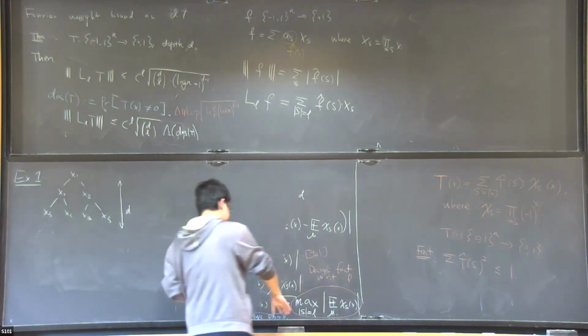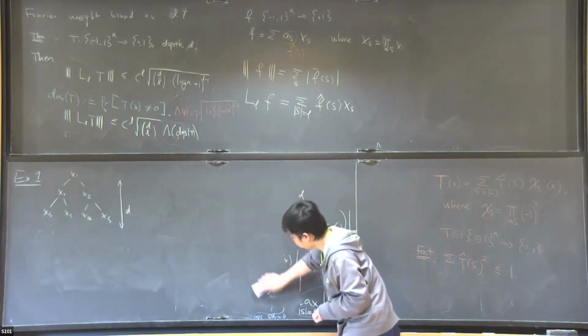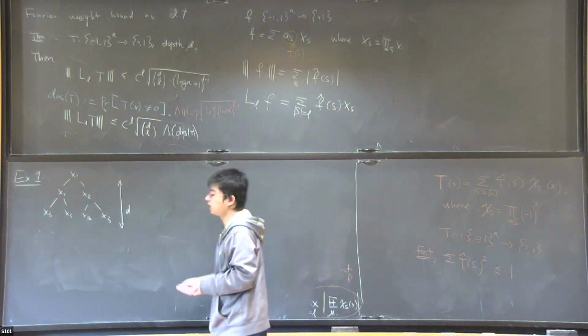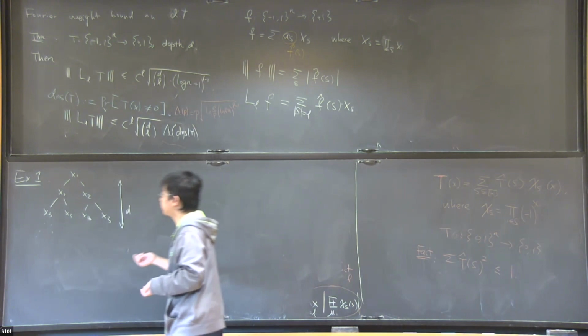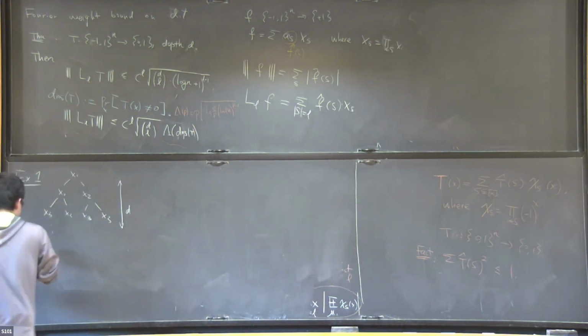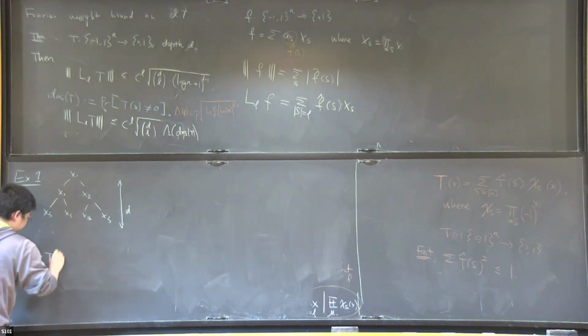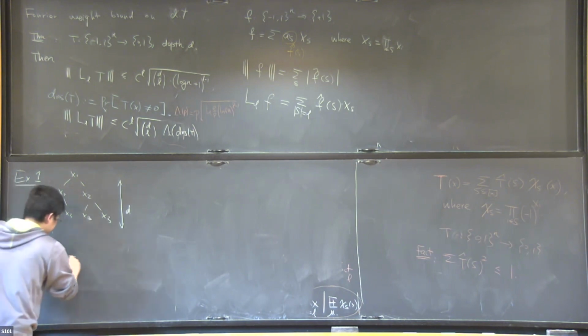So for such a function, only d variables will affect your output. Therefore, you can bound its level L Fourier weight in the most straightforward way.